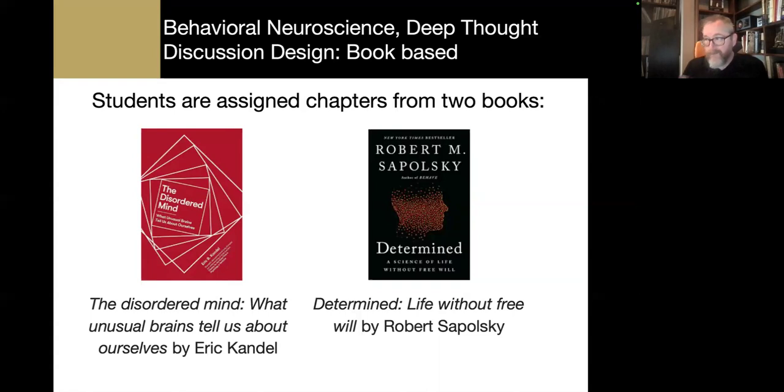I would next like to actually include more books and allow them to create learning communities around several of these books rather than just requiring everybody to read two and participate in discussions about it.